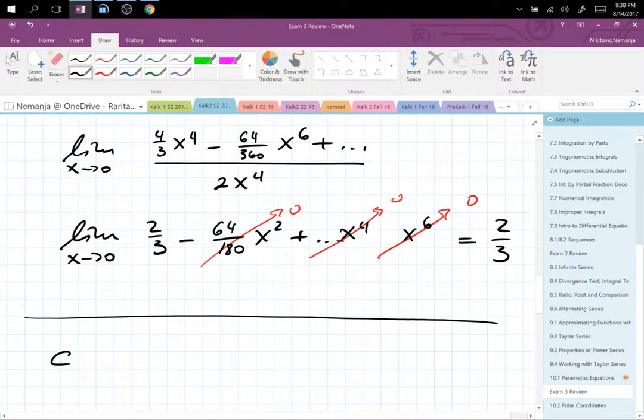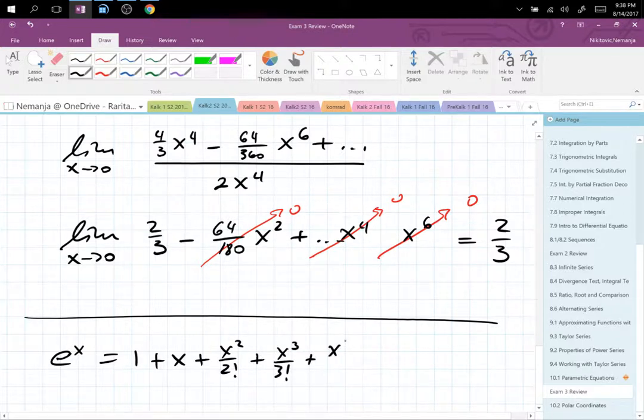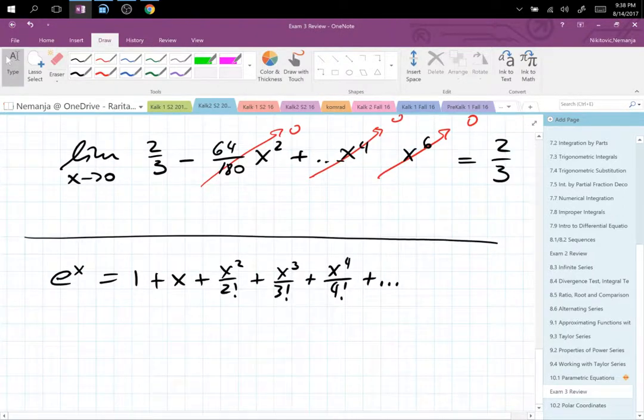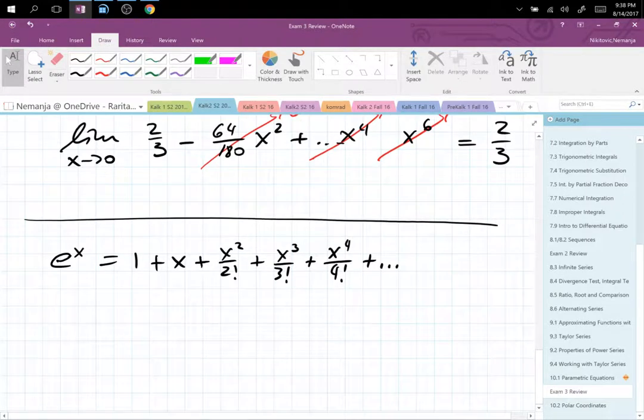That is e to the x, which is 1 plus x plus x squared over 2 factorial plus x cubed over 3 factorial plus x to the 4 over 4 factorial plus, and goes forever like that. So that power series is important and used a lot because e to the x is used a lot. And the other 2 are obviously sine and cosine.